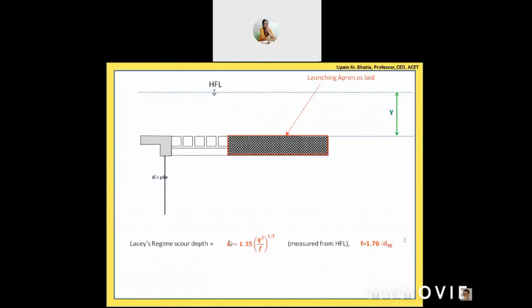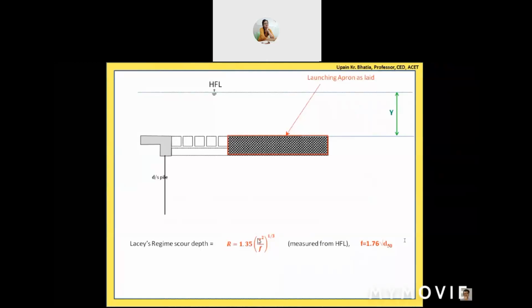So this R is the regime scour depth below this HFL. That means this R value is measured from this HFL in the downward direction. So let us say the river bed will be coming up to this level; from this level to this HFL, this entire depth will be R. With this equation, you can calculate the regime scour depth.